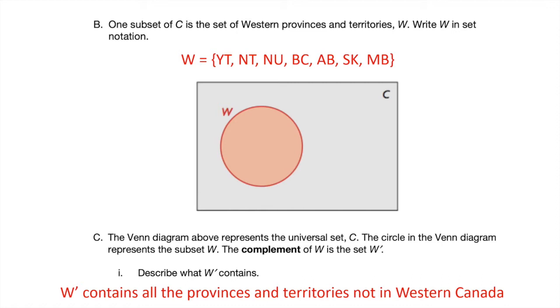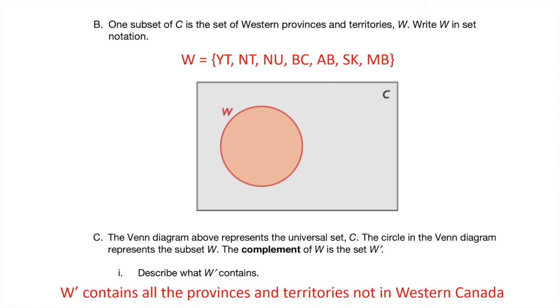Remember, by definition, if we have a subset of the universal set, then all elements should be contained within the universal set. So, if we take a look at this Venn diagram, what we see is the set W represented by a circle, and it is completely enclosed by this rectangle C, which is representing the universal set, which in this particular question's case is all the provinces and territories of Canada.